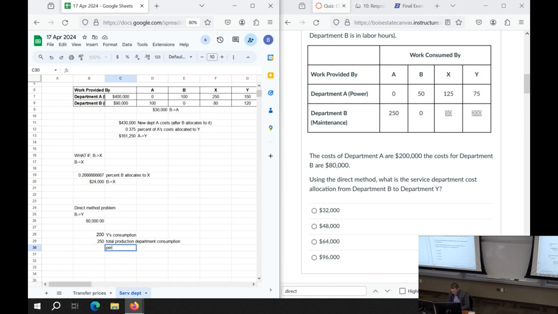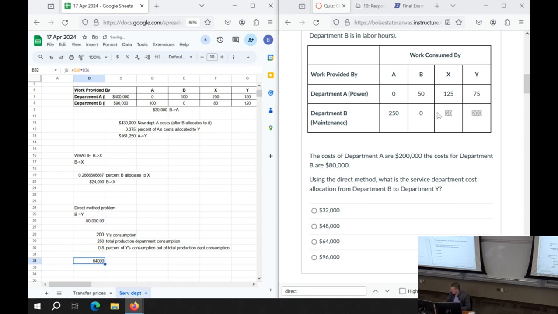And so the percent of Y's consumption out of total production department consumption is simply this 200 over 250. So we get 80%, 0.8. So 80% of this 80,000 is what we're going to allocate to department Y from department B.